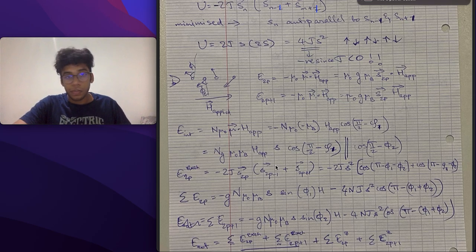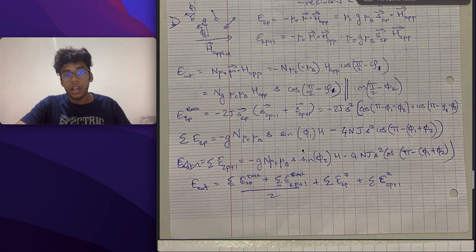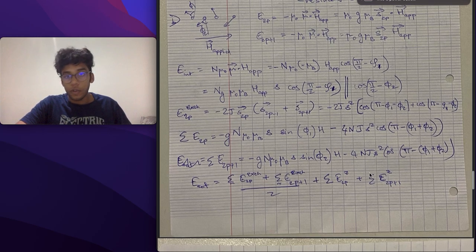And we calculate the E of 2p and E of 2p plus 1, and we get the interaction energies, and we get the exchange energies, etc. And we calculate the net energy of 2p plus 1 and 2p, which is basically the sum of exchange and interaction energies, and we find out we have two equations.